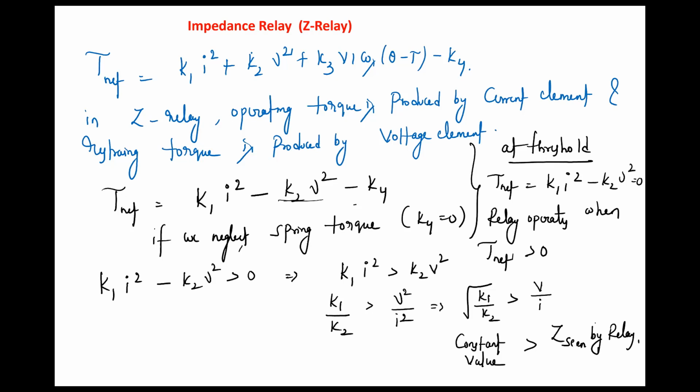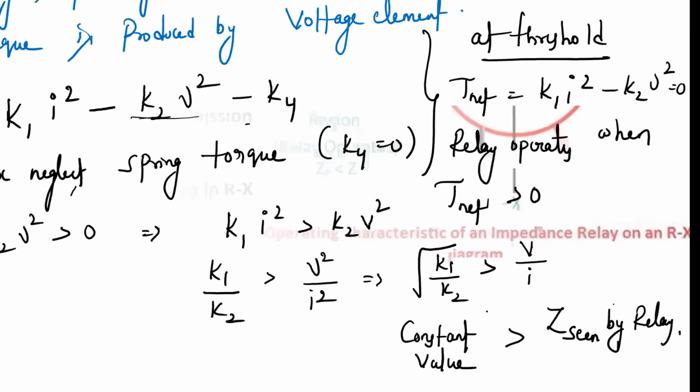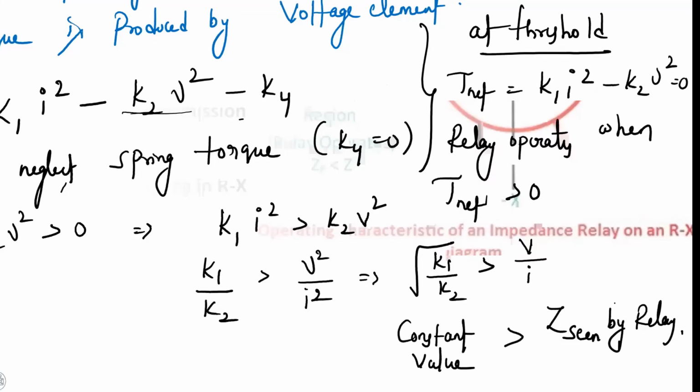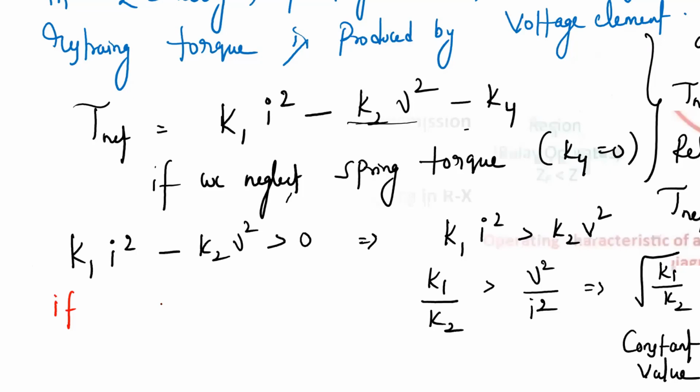So what is the conclusion? We are calling this constant value the set impedance, Z set.